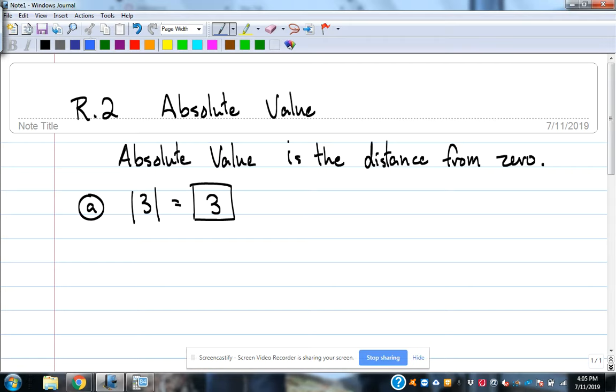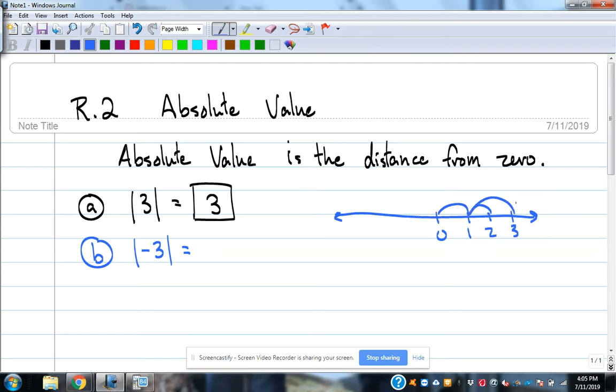Okay, so anytime we're just evaluating an absolute value problem, if we did a different problem, -3 inside absolute value, on a number line, zero's right here. 1, 2, 3 hops away from zero, right?